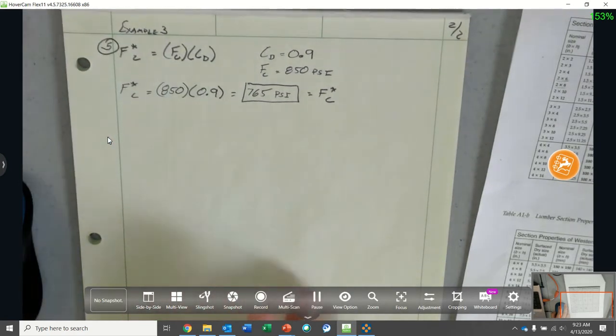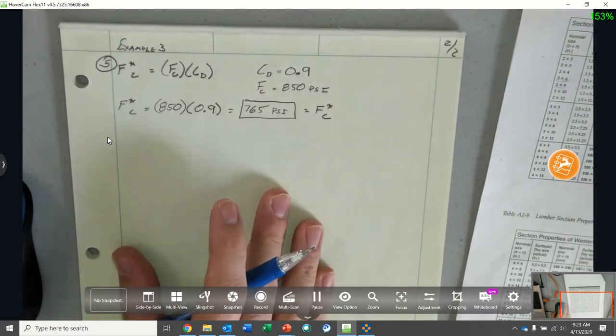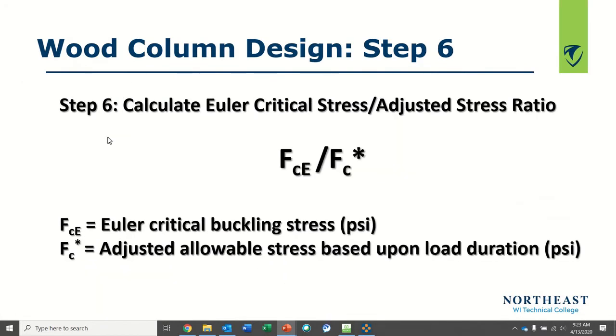All right. Let's go to step 6. Calculate the Euler critical stress adjusted stress ratio.